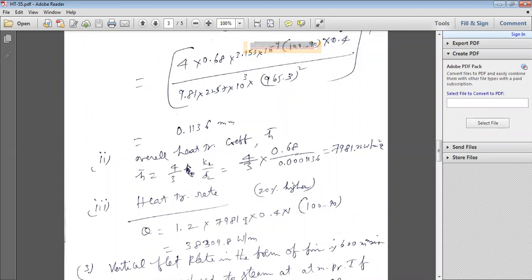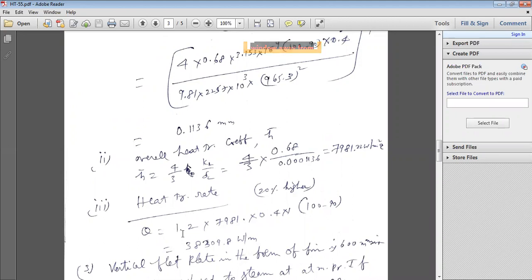H bar into surface area into T saturation minus T surface, that is 7981 into 0.4 into 1 into 100 minus 90. After getting that value, it is to be multiplied with 1.2 times. That is according to McAdams correction.